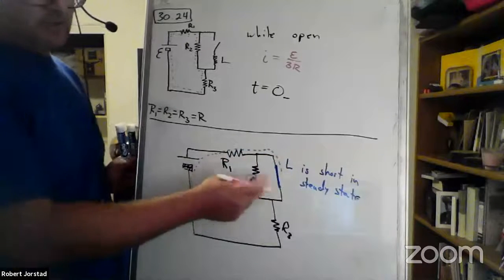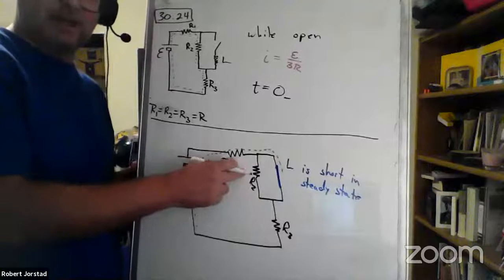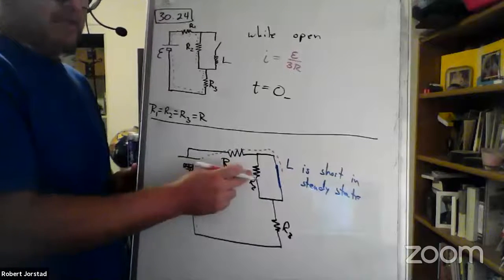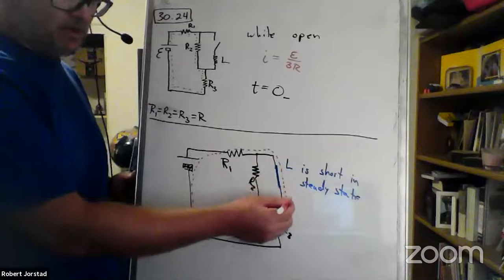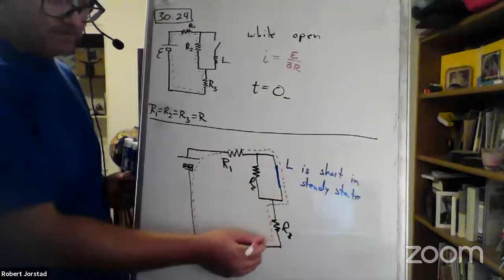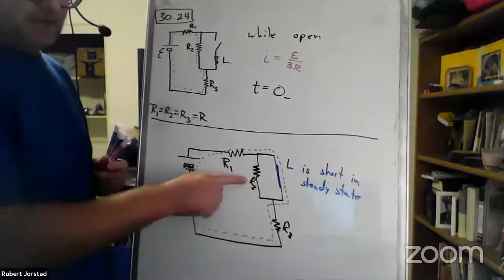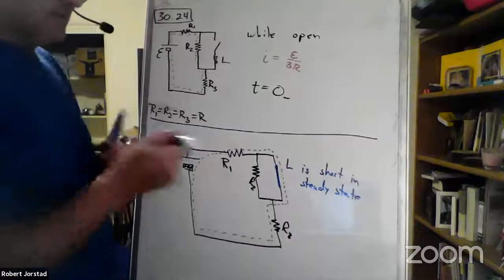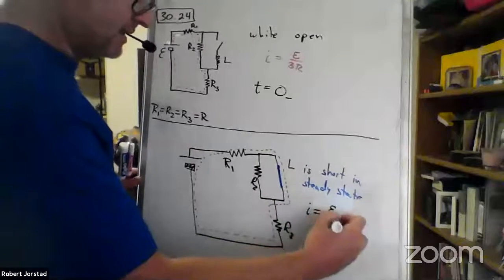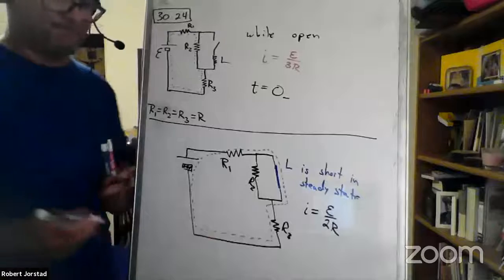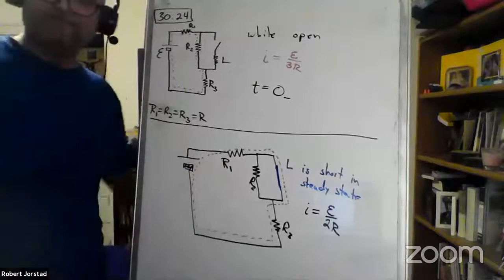Now you could say, shouldn't some current go this way? Maybe a microamp or a nanoamp, but in general, because this has essentially zero resistance, all of the current is going to flow that way. So this one gets cut out of the loop in steady state, and the current should be E over just 2R now. What's the current through resistor 2?